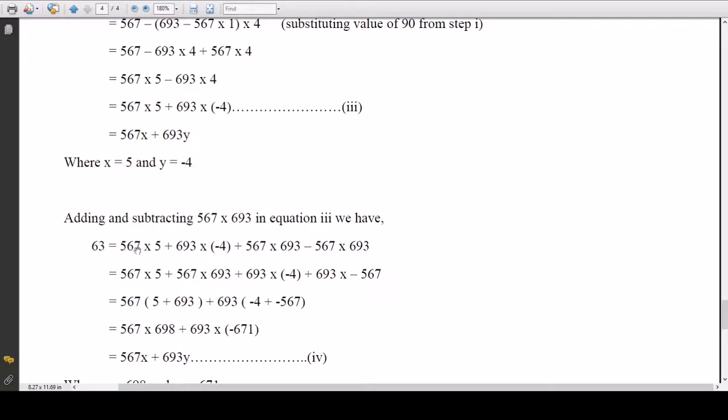Now what you'll do: 567 multiply 5 plus 567 multiply 693. You bring this closer to this 567, because here is 567, isn't it? You are not bringing it to the left or to the right, it is on the same side, which means there will be no change in sign.